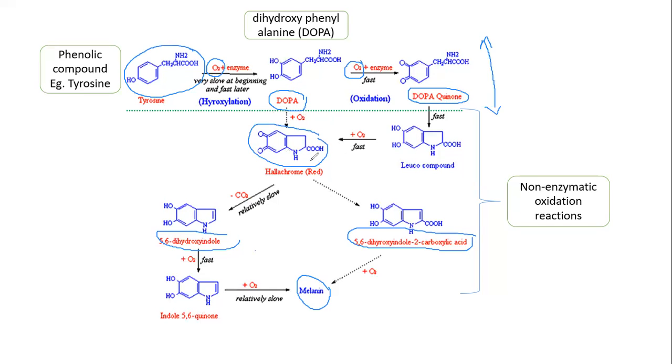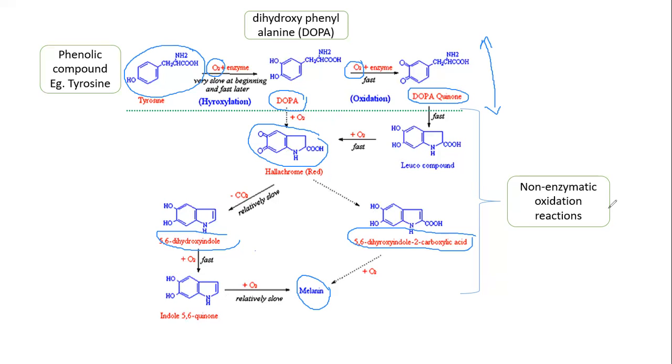This dopachrome can undergo various reactions yielding two kinds of intermediate products, 5,6-dihydroxyindole and 5,6-dihydroxyindole 2-carboxylic acid. Both are converted finally into various unsaturated carbonyl compounds, which are commonly called melanin.